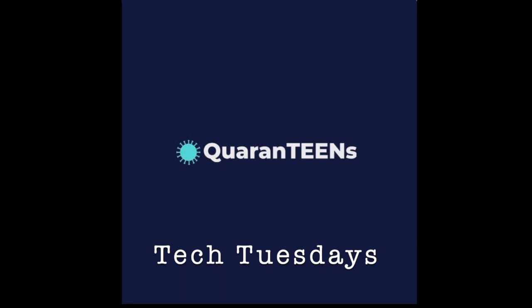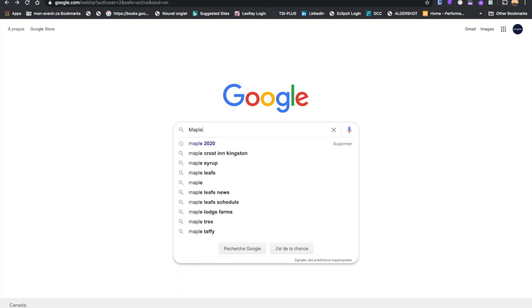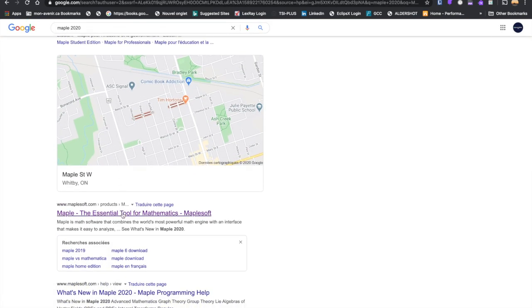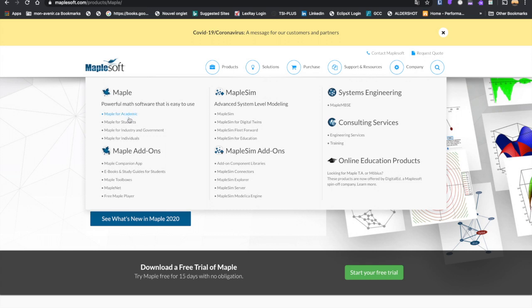So today I'm going to be presenting a new software called Maple. This is a math engine that will help you solve your different math and physics problems with coding.